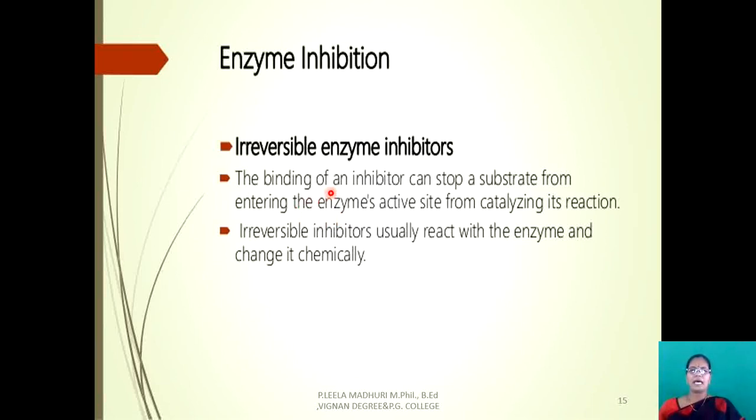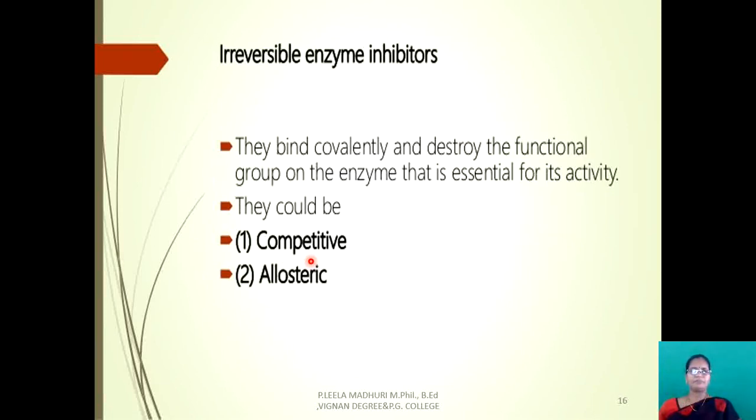So the inhibitor will stop a substrate from entering the enzyme's active site and forwarding the reaction. Irreversible inhibitors usually react with the enzyme and change the enzyme composition so that they cannot bind to the substrate.